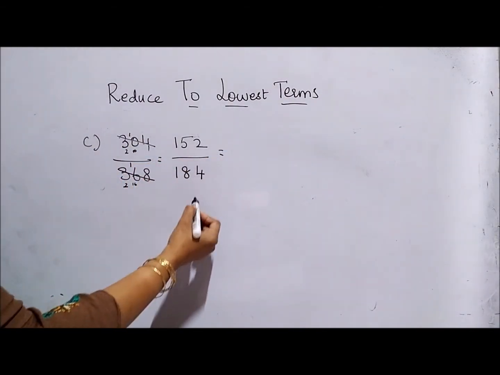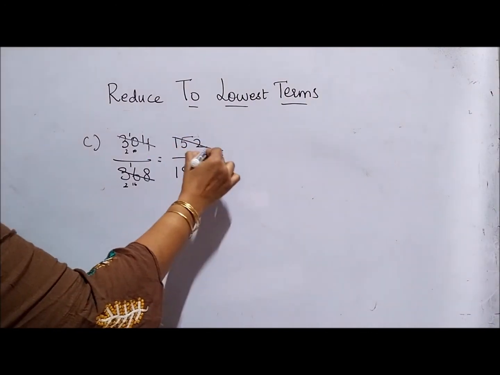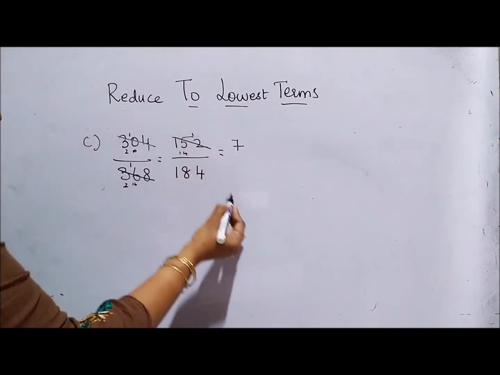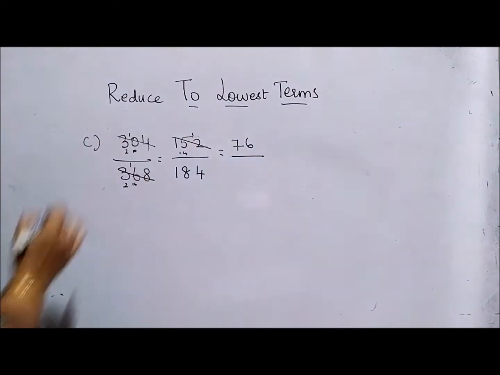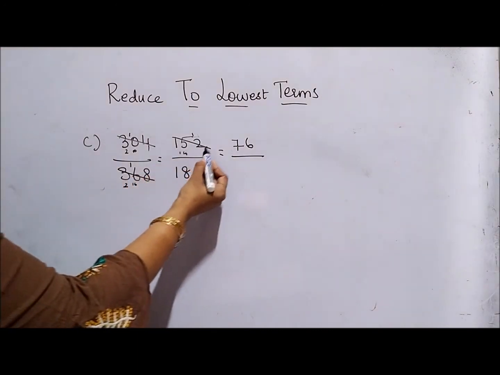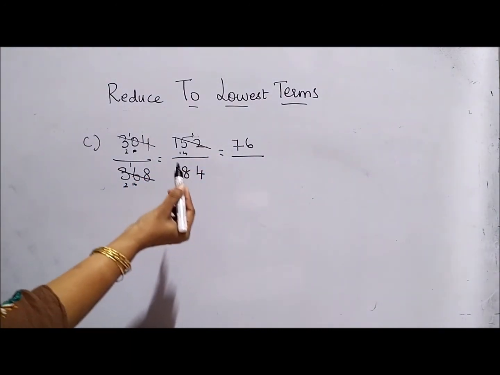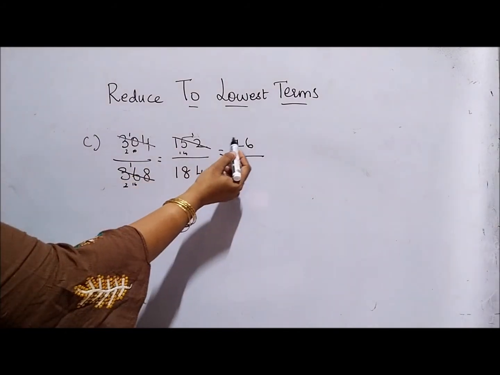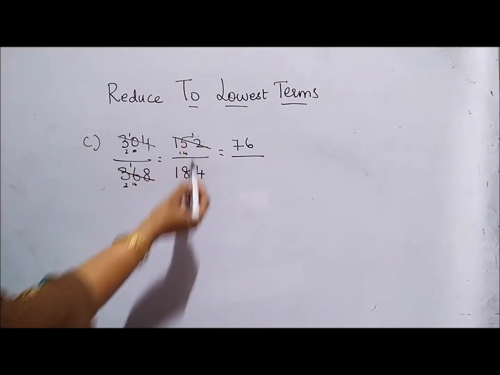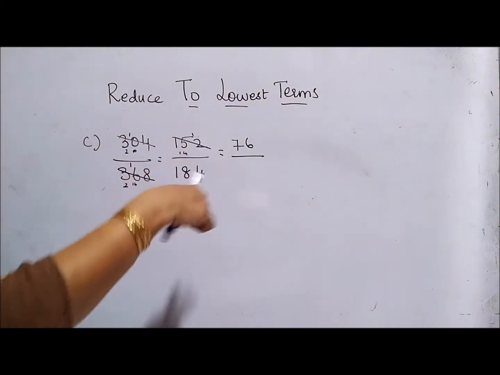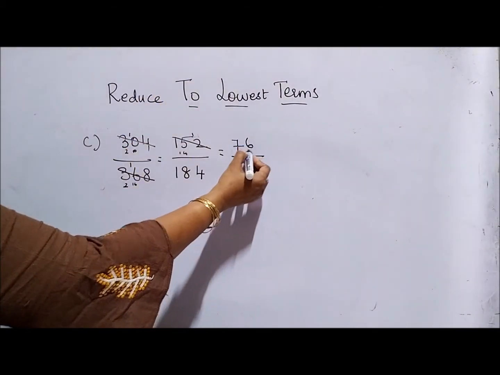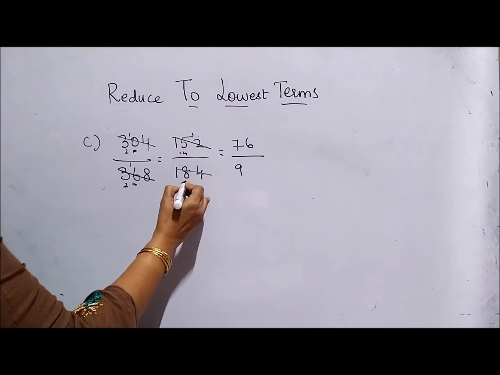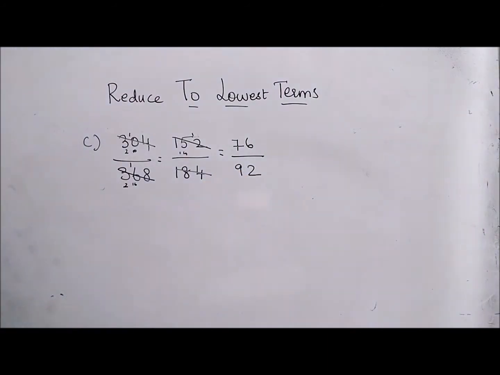Now both are even numbers again. 2 times 2 7s are 14. Carry 1. 2 6s are 12. I am writing in this method so that you will not miss any remainders. If you miss a remainder, the answer will become wrong. If you write 2 7s are 14 and don't carry over this 1 here, which when you do it in long division, if you write it 73, the answer will be wrong.